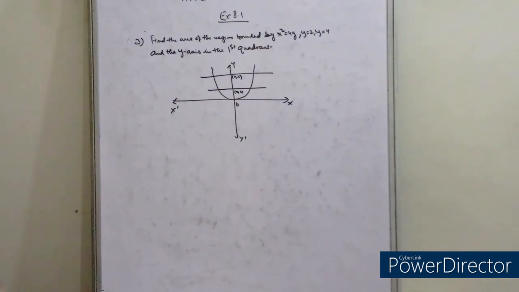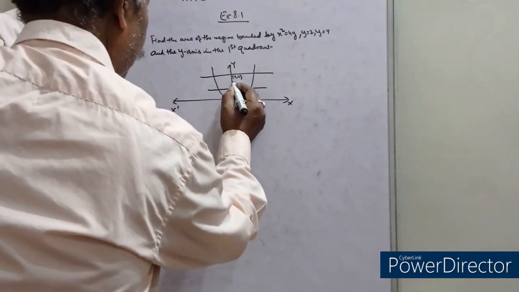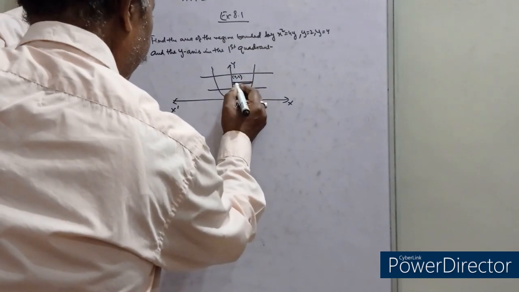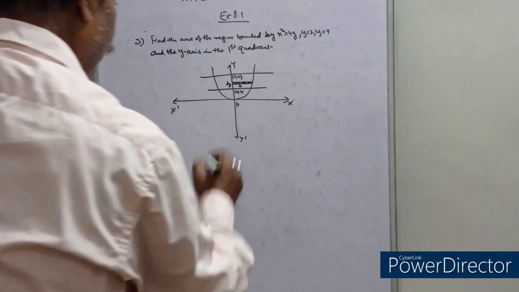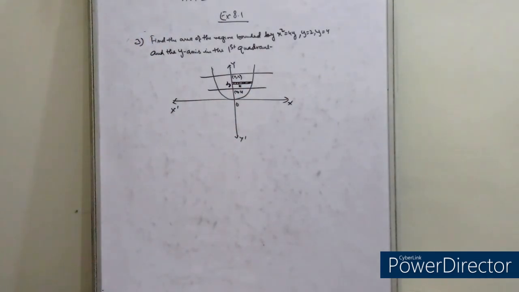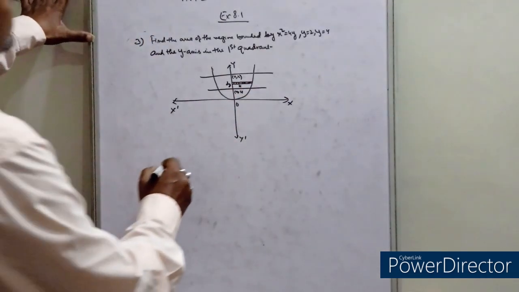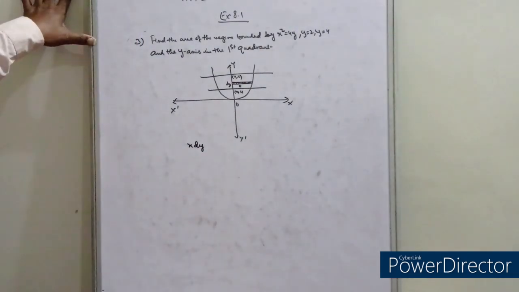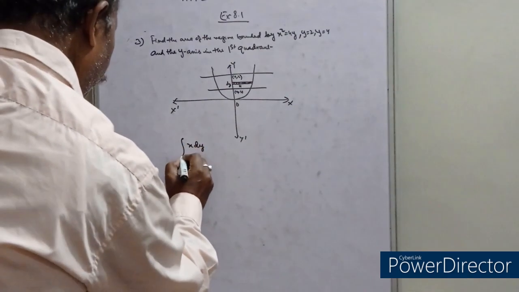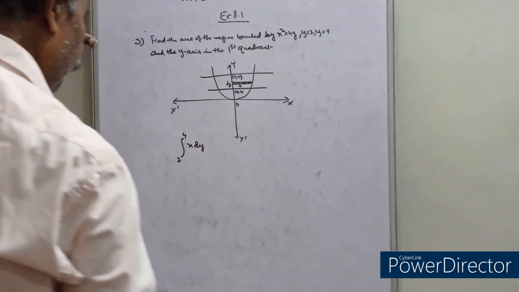So for this I will take the y-axis as the base and draw a rectangle, same procedure, where your length will be x and the breadth will be dy. So the area of this rectangle will come out to be x dy, summation, that means integration from 2 to 4.